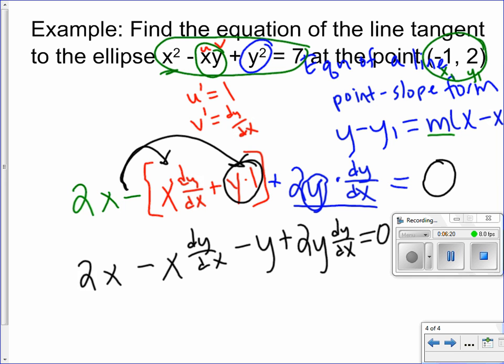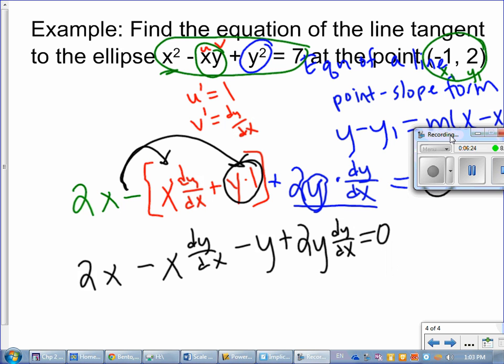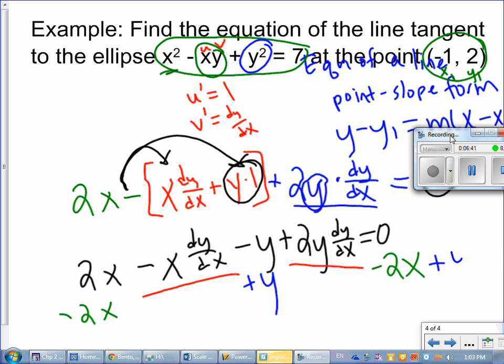All right, so I'm going to collect all of my dy/dx terms on one side of the equation. So here's a dy/dx term, and here's a dy/dx term. So I'm going to elect to leave those terms there. So I'm going to move my 2x to the other side of the equal sign. And I'm also going to move my minus y to the other side of the equal sign.